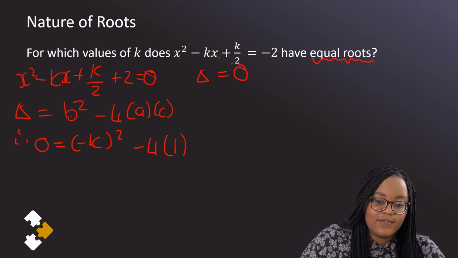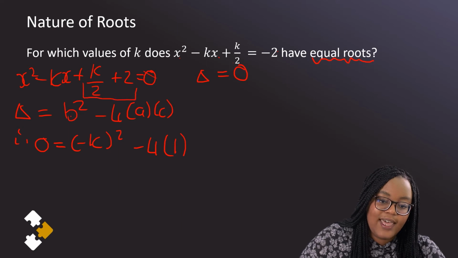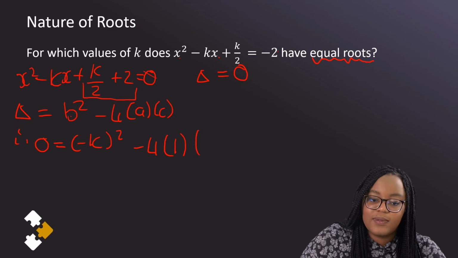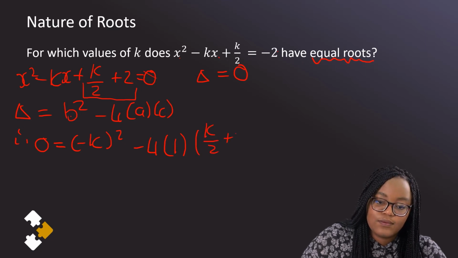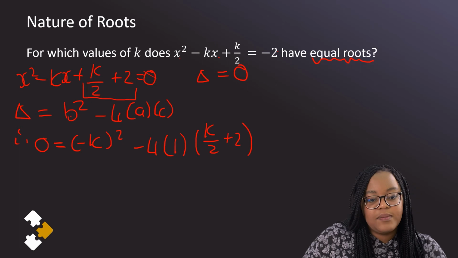So c is the final value over here, which is k over 2 plus 2. And we're going to multiply that in. That must all be made equal to 0.